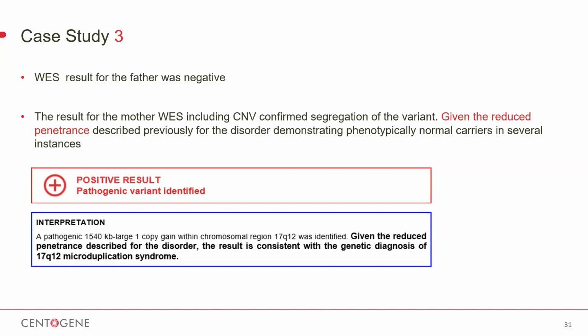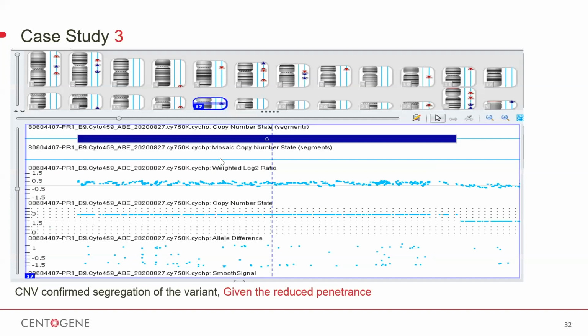This explains why the mother carries the same mutation but is normal. The confirmation of the mother's duplication was also done by MLPA and microarray. As we see here, the baseline is 0, and the increase shown by the blue dots above the line confirms the 17q12 microduplication.